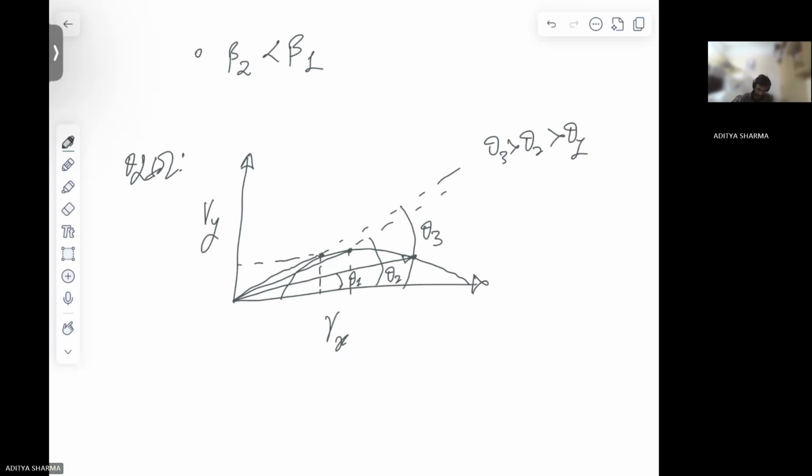On the x-axis, what is happening to their velocity components? You see for theta 1, Vx1 is higher, Vx2 is lower, Vx3 is the smallest.